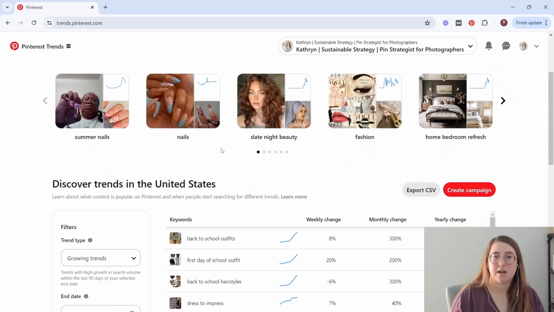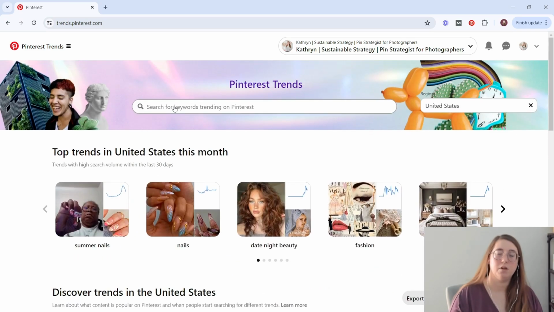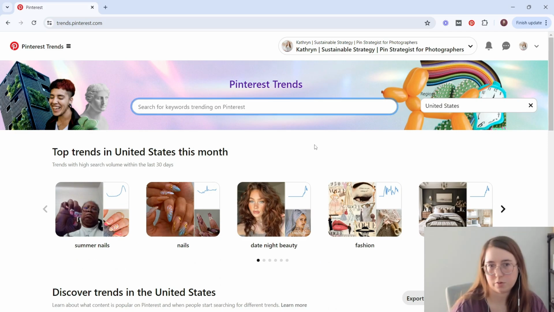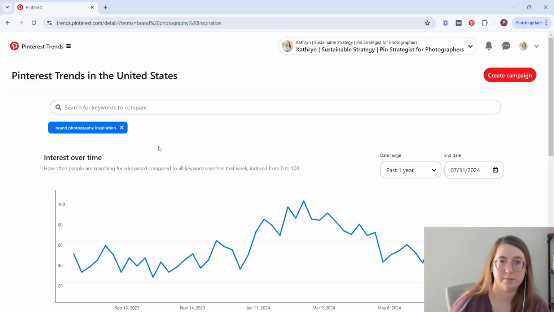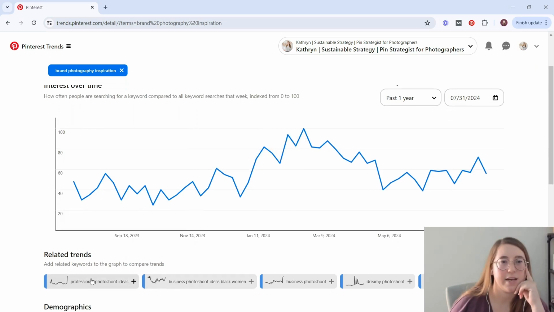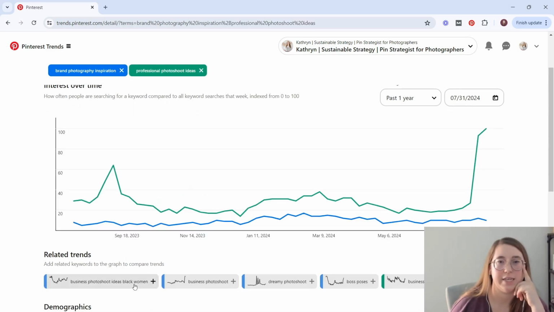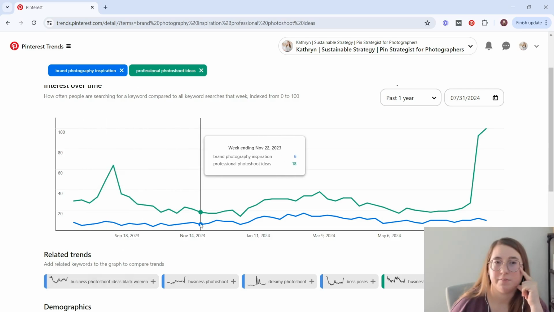Then this stuff at the top can be pretty cool, but it's not going to be what we use today. Just a quick look, if I wanted to search brand photography inspiration, then I can compare that to, let's say, professional photo shoot ideas. So professional photo shoot ideas is here in green, whereas brand photography inspiration is in blue.